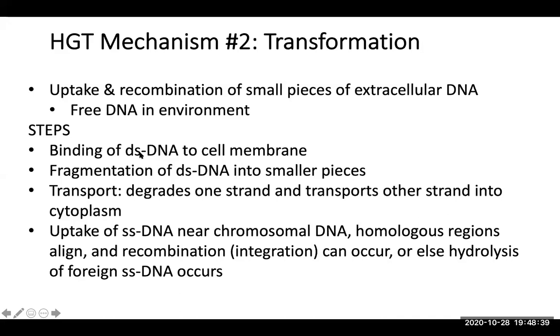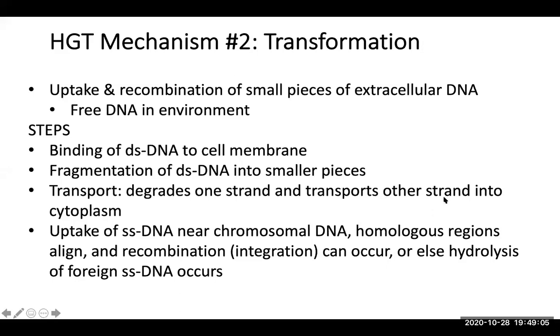So you bind the double-stranded DNA to the cell membrane, you fragment the double-stranded DNA into smaller pieces, and then as you transport the smaller pieces in, you actually will take apart the double-stranded DNA to degrade one of the strands and only let one single strand in.